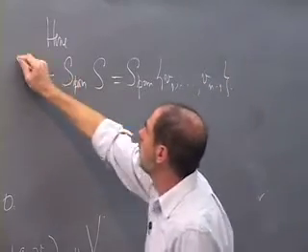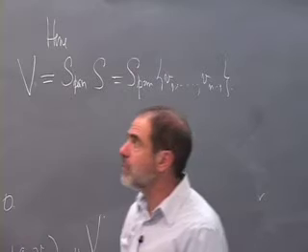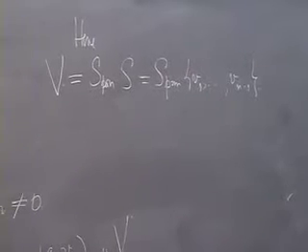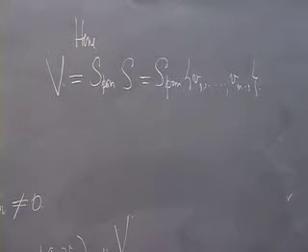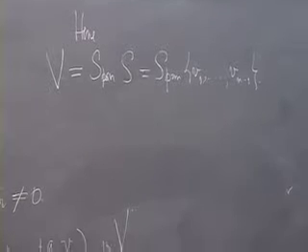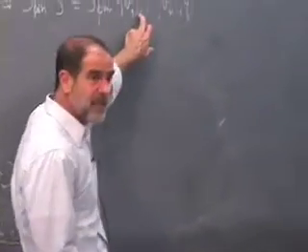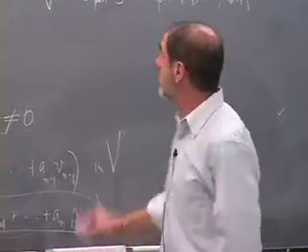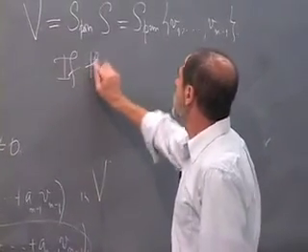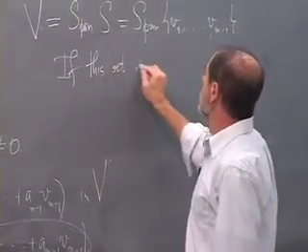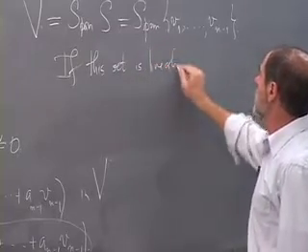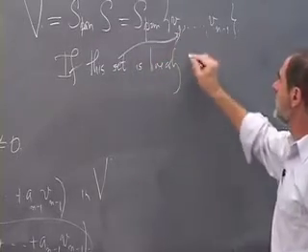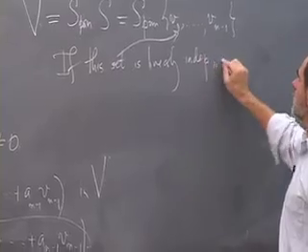And this we assumed was V, because we said that S spanned V. So we've shown that if the set was linearly dependent, we'd be able to throw a vector out of it and get the same span. And now we have a smaller set that spans V. So maybe it's linearly independent. If this set is linearly independent, we're done.